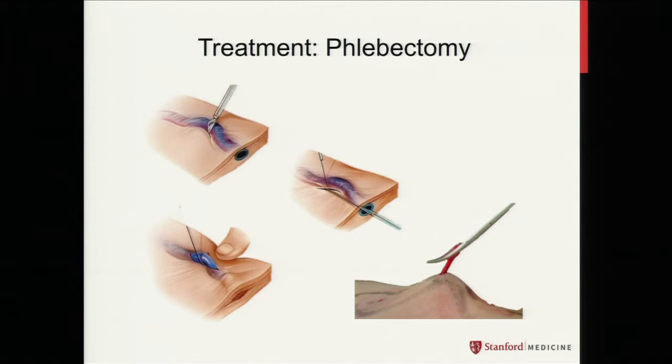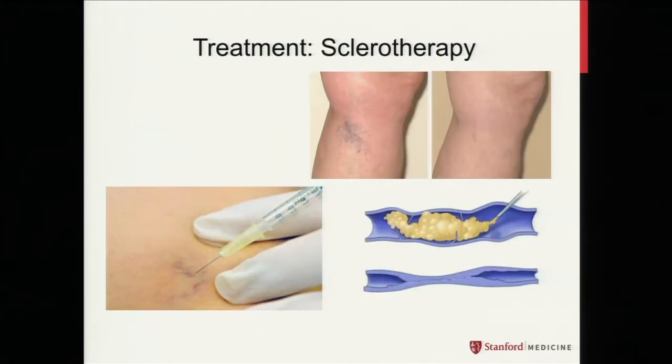We make little nicks in the skin, and then we use tiny hooks to take the veins out. Also, for the tiny, tiny veins, the spider veins, we use a treatment called sclerotherapy. We inject with very small needles into the veins a sclerosing agent, which also collapses the veins. So these are all methods to collapse the diseased or dilated veins.